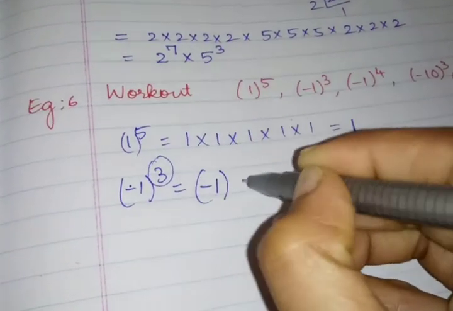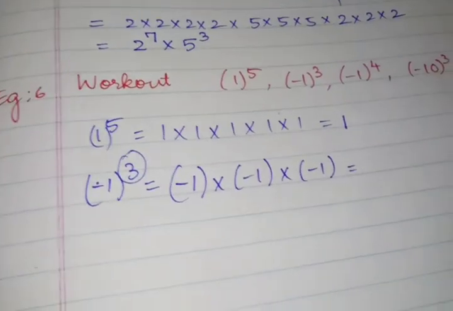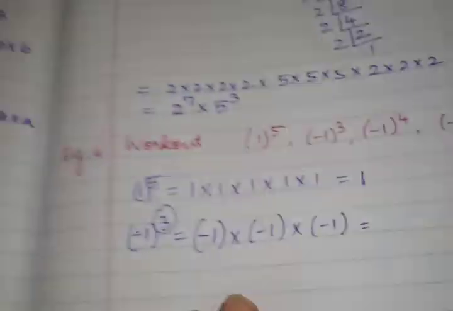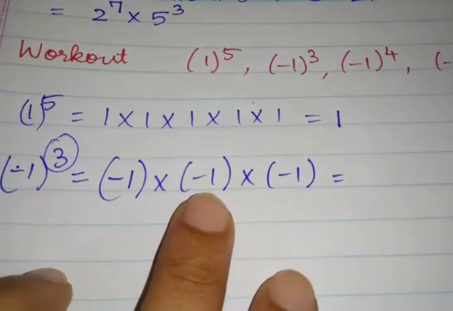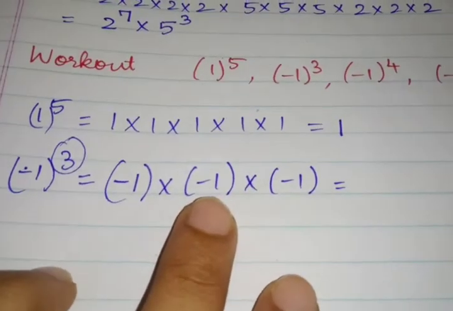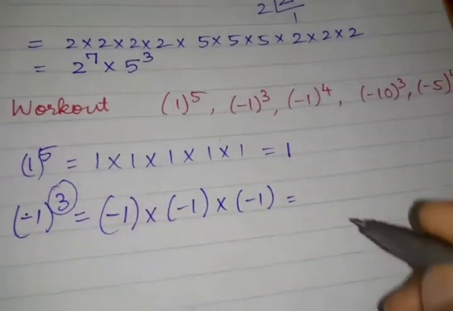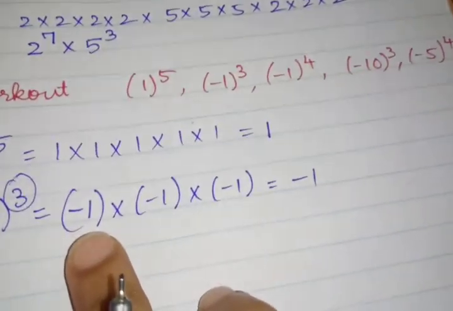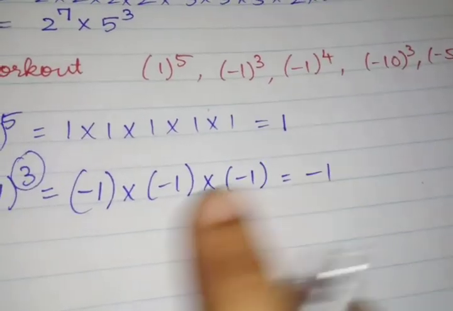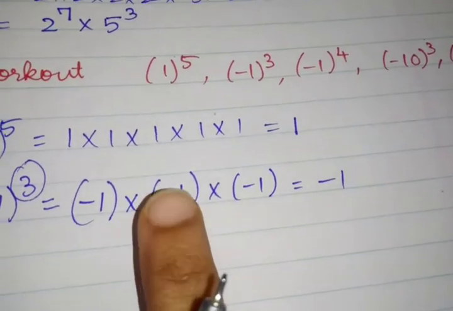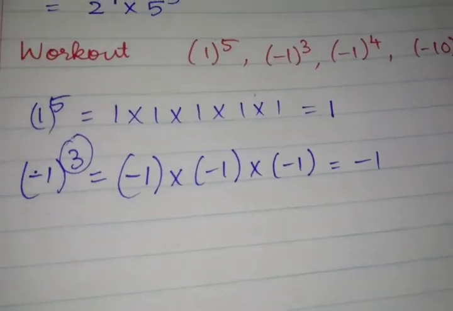So minus 1 into minus 1 is plus 1, plus 1 into minus 1 is minus 1. Listen, or you can write it this way: first multiply all the numbers, 1 into 1, 1, 1 into 1, 1. Then minus into minus, plus. Plus into minus, minus. So minus 1 is your answer.